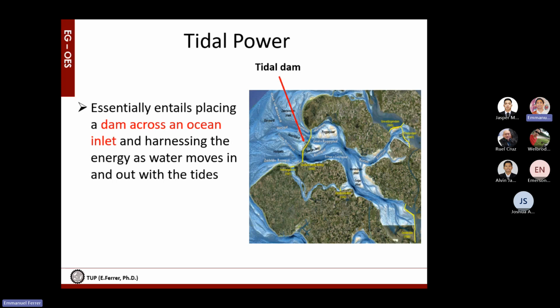So meron ka pa rin kahit paano medyo sort of storage, no? Meron kang konting head para magkaroon ng flow, no? So here in tidal power, you essentially place a dam across an ocean inlet.